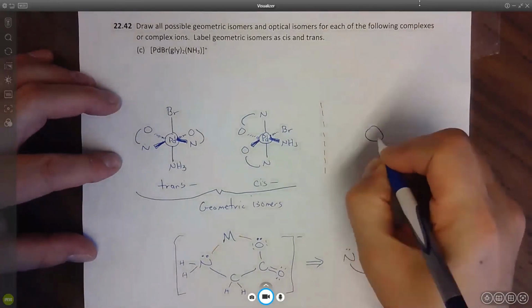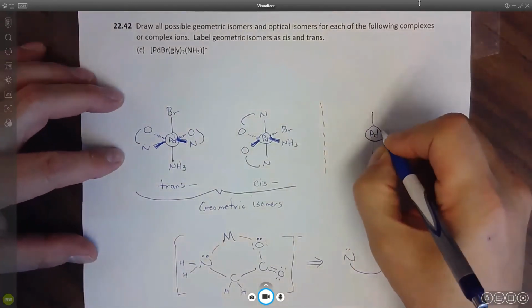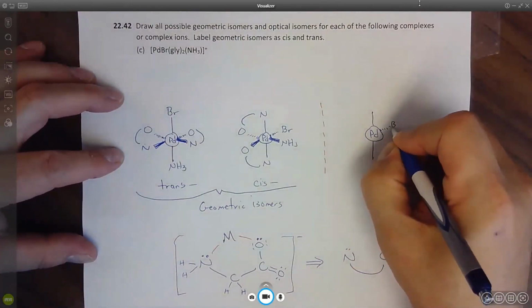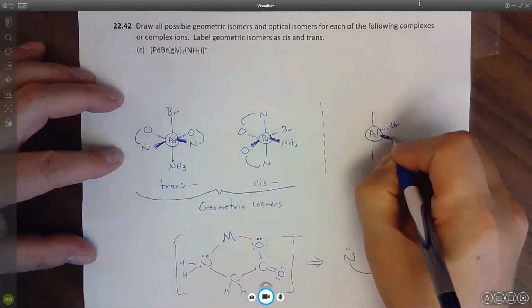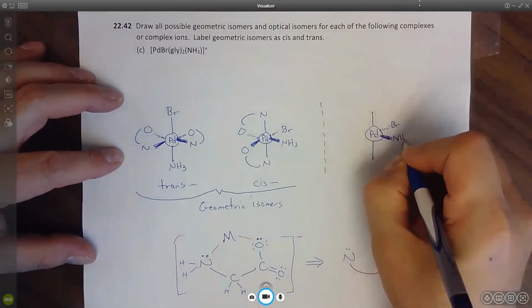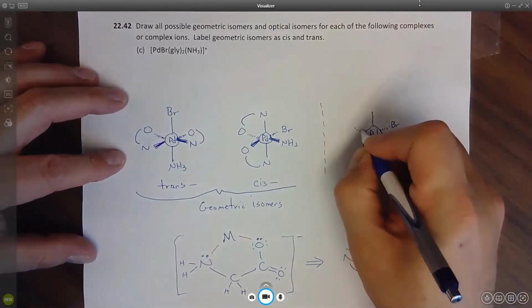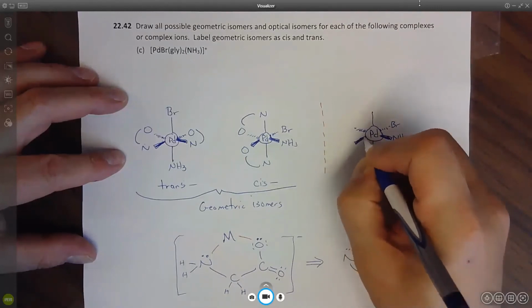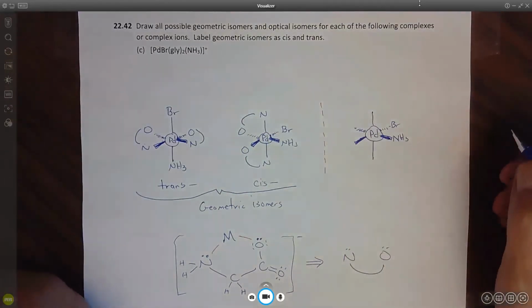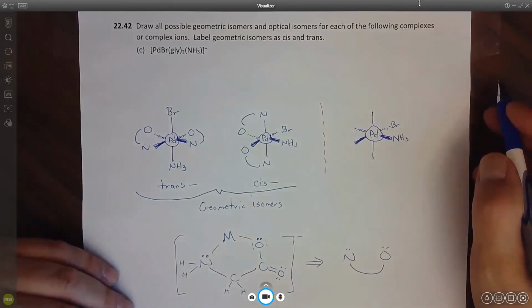So we'd have our central palladium atom, with one up, one down. At 90 degrees, a bromine going back behind the page, and at 90 degrees, one coming out of the page. That would be our ammonia. And then again, 90 degrees going back into the page, and at 90 degrees, one coming out of the page. And this time, I messed up, right?